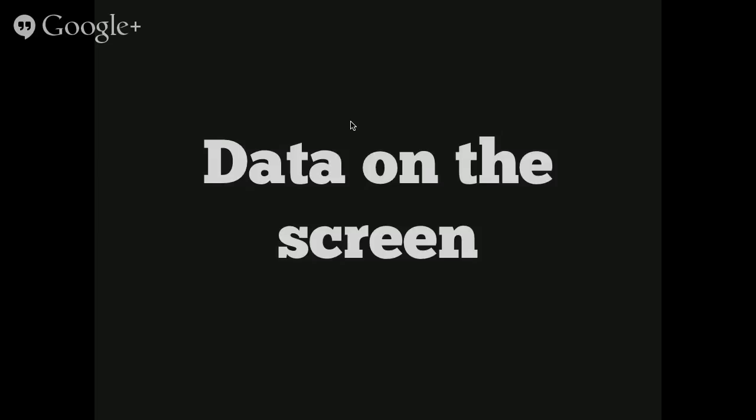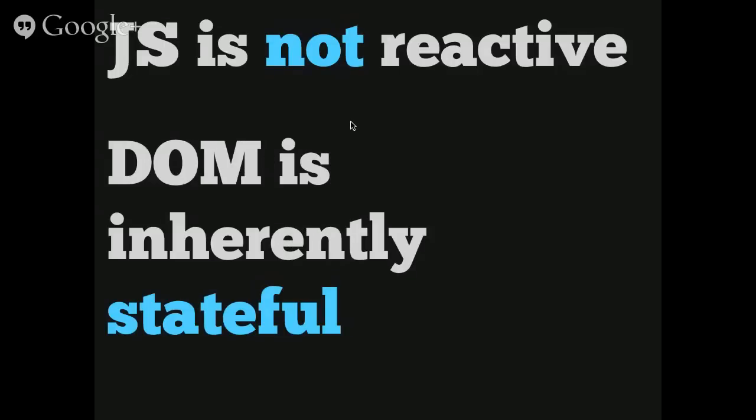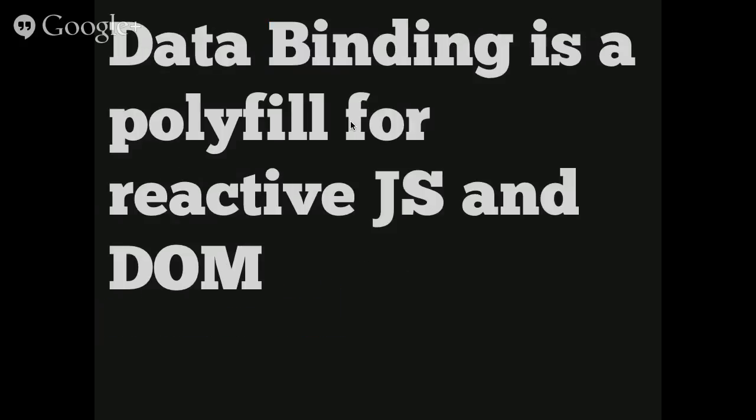When the data changes, it's bound to an underlying model that updates, and it has to manipulate the DOM in that way. Angular uses dirty checking to determine whether it should update. The problem is that JS is not reactive, and the DOM is inherently stateful. All data binding is a polyfill for reactive JS and the DOM.